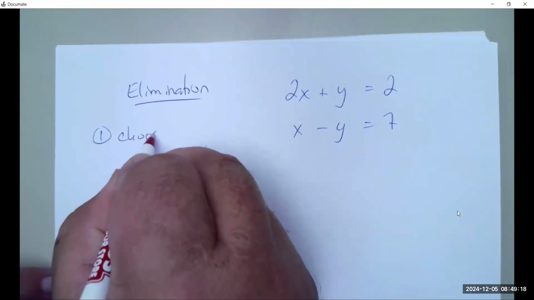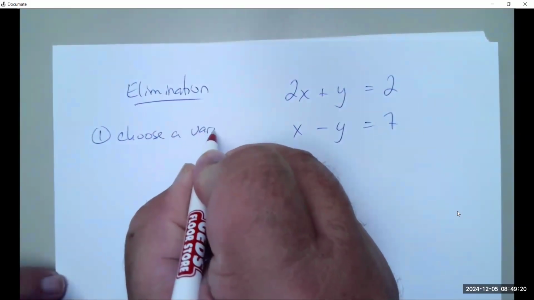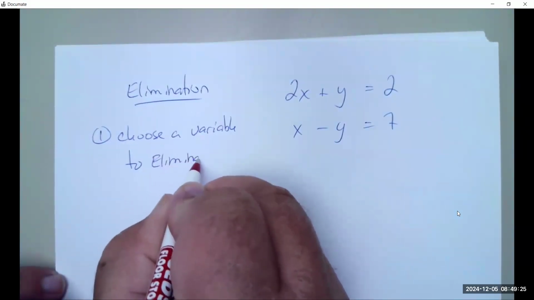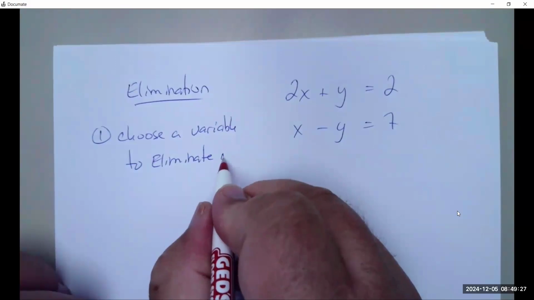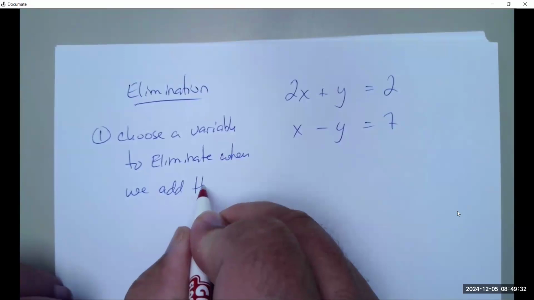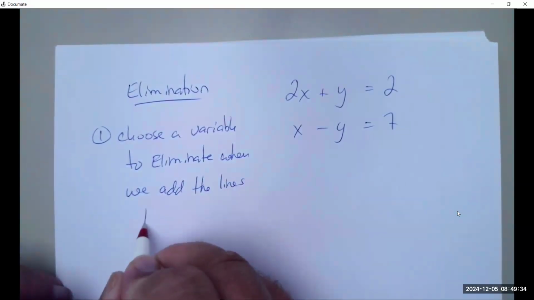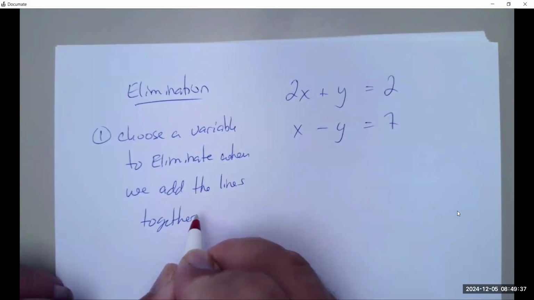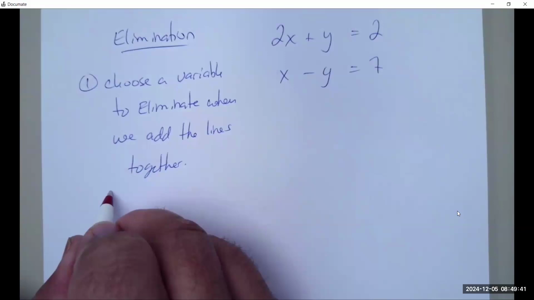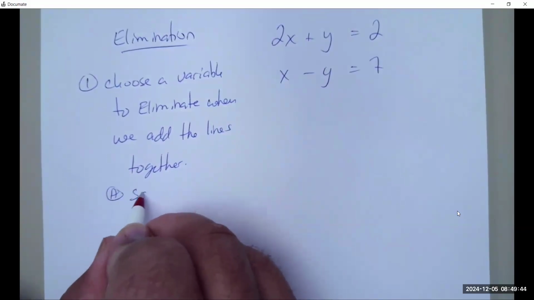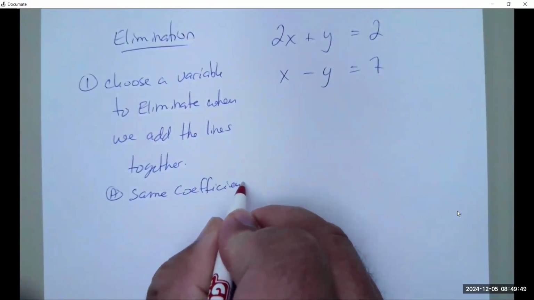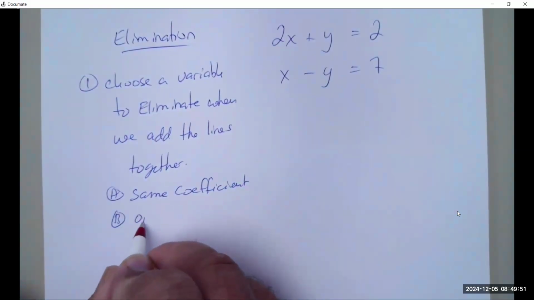Here you choose a variable to eliminate when we add the lines together. The condition is this. Same coefficient, opposite signs.